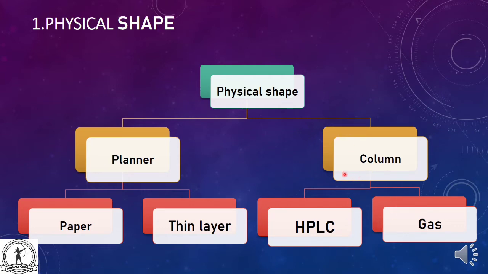When we have a regular column, the simple column we use in our organic chemistry lab to separate our components, it also moves in the direction of gravity. So in column it always moves in the direction of gravity. We are discussing these individual chromatographic techniques in our next video.